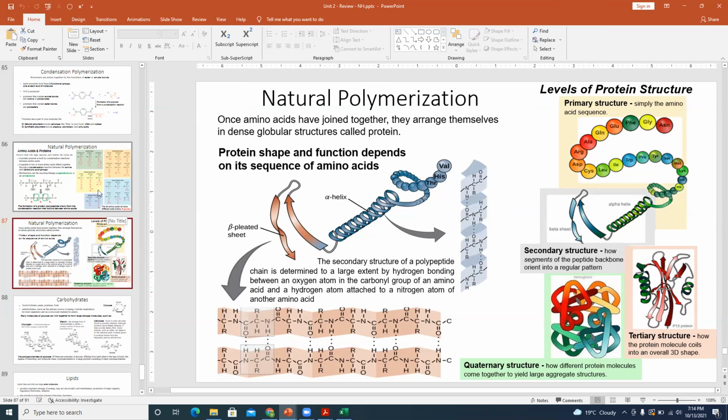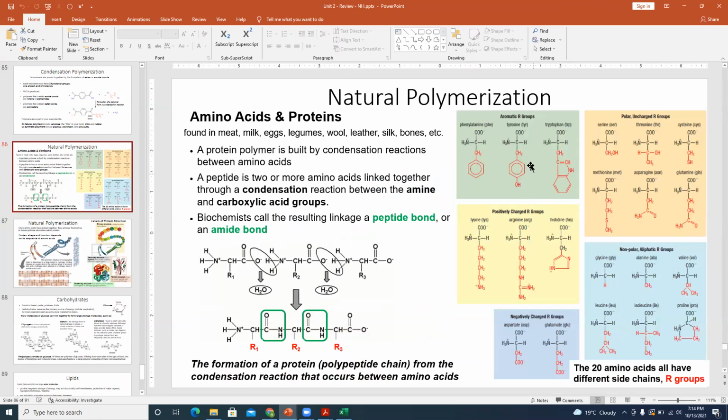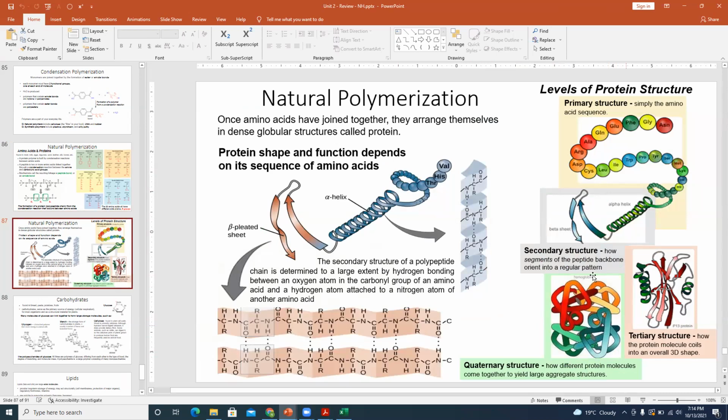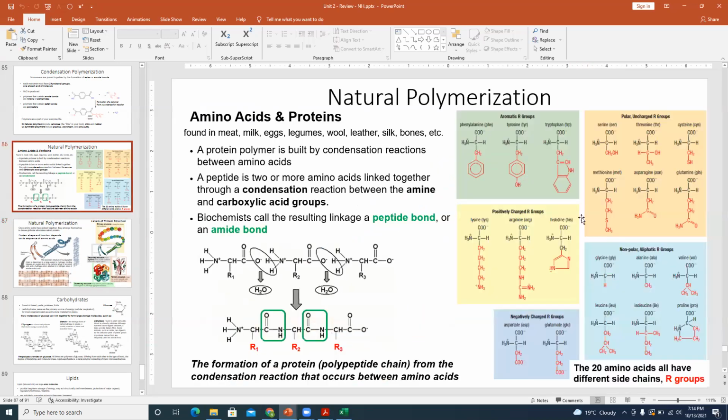Each one of these R groups has its own type of chemistry, its own type of property, which then allows the final protein to bind other proteins, to bind other substrates, to catalyze reactions, and to bind metals. In hemoglobin, that's a protein, it might have the right type of atoms arranged in a way to bind iron.